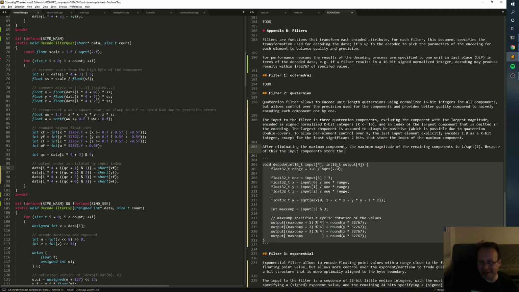Store the original component value scaled by square root of 2 to increase precision. This is neat. This buys you like half a bit or something per component. All right, so I think this is the complete description of the thing that's going on here, of the quaternion components.